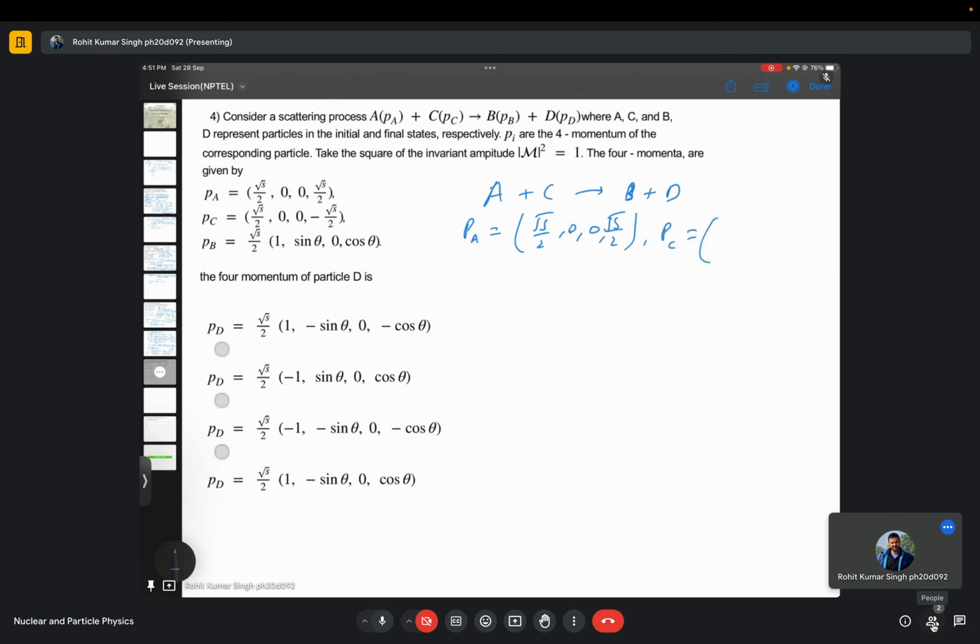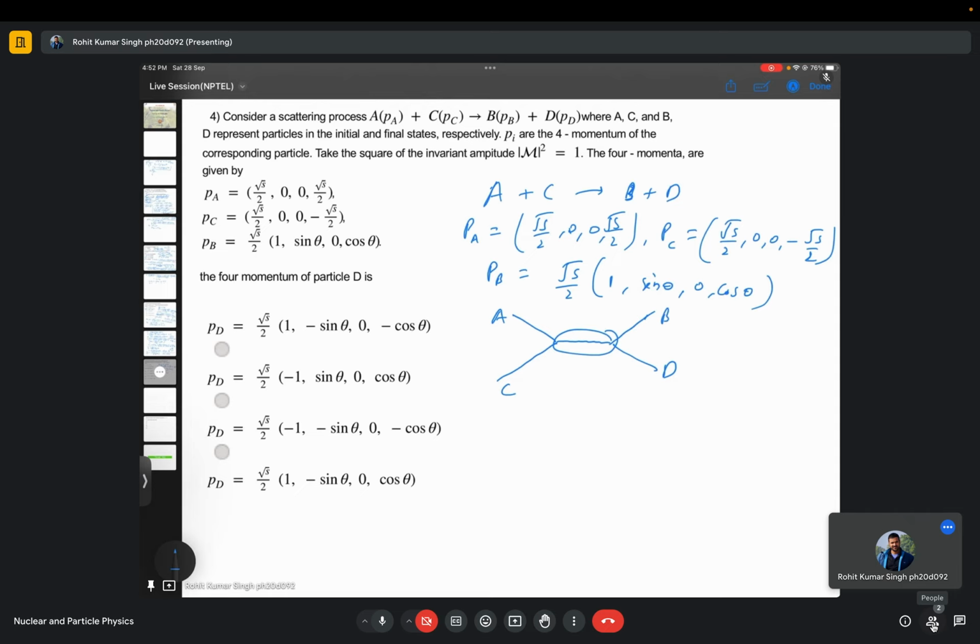For C, it is the same with a negative sign, and for B we have it in terms of sine and cos theta. What is happening here is A and C are incoming, they are interacting, and out go B and D. So A and C are incoming and B and D are outgoing.